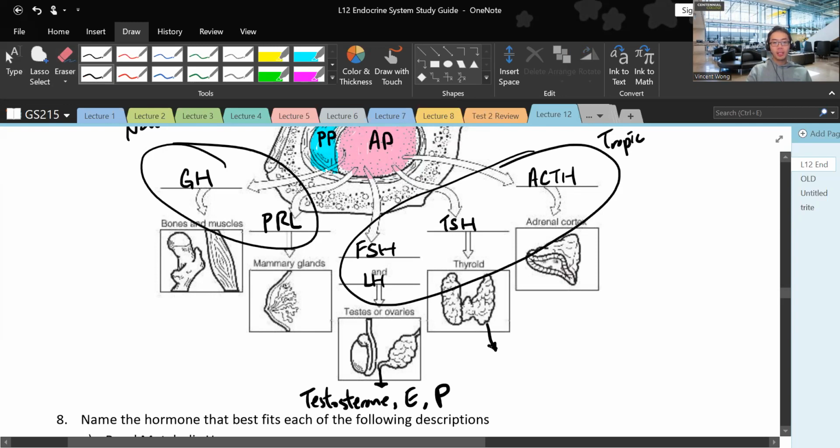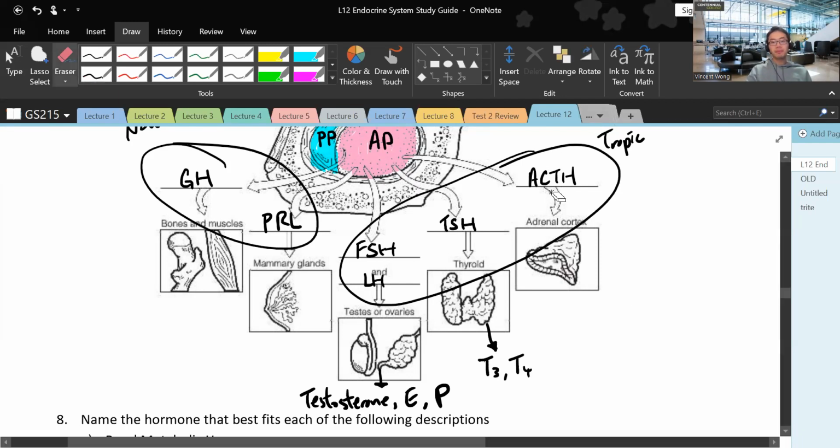What about the thyroid? TSH will cause the thyroid gland to release. Let's think about that for a moment. See if you remember without looking. Hopefully you're thinking T3 and T4, the text forms, right?